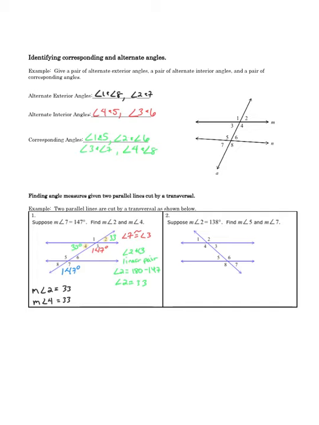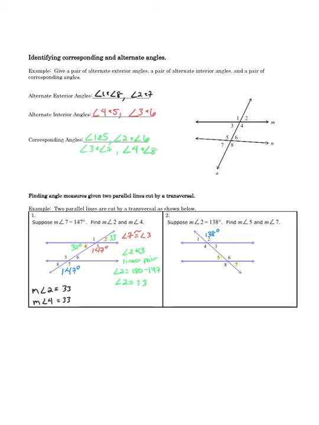All right, let's look at number 2. The measure of angle 2 is 138, and I want to find angles 5 and 7. So let's do some math.